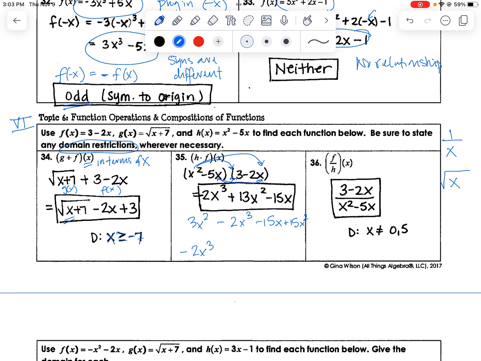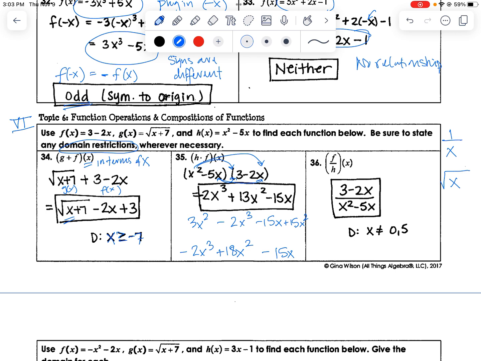I think there's an error in this. So that would be, yeah, plus 3x squared, so plus 18x squared minus 15x. There is our answer. It doesn't change the fact that it doesn't have any domain restrictions, but I think that there is an error here in the solutions.